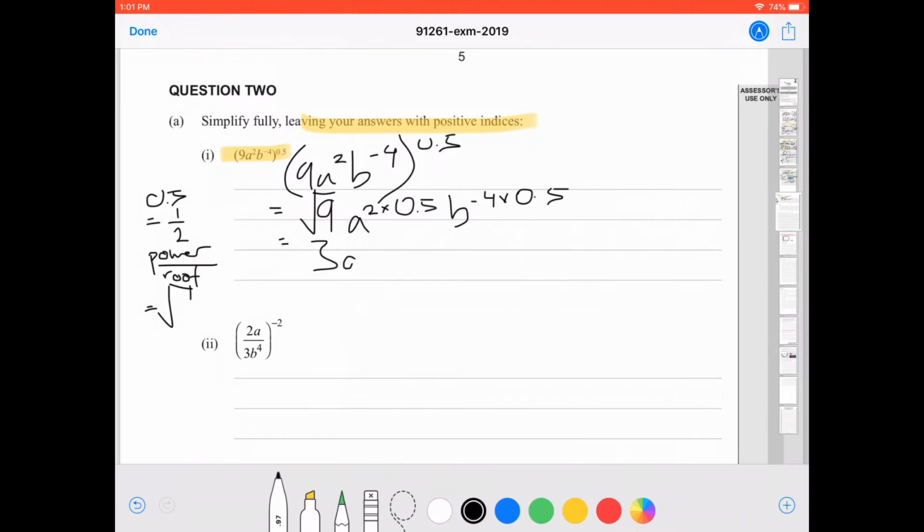We've got 3a times a, and then 2 times 0.5 is just 1, and b, negative 4 times 0.5 is b to the power of minus 2. Question says leave your answers with positive indices, and so we have to say 3a over b squared, because if you flip it, in this case we're taking b to the denominator, then that power becomes a positive.